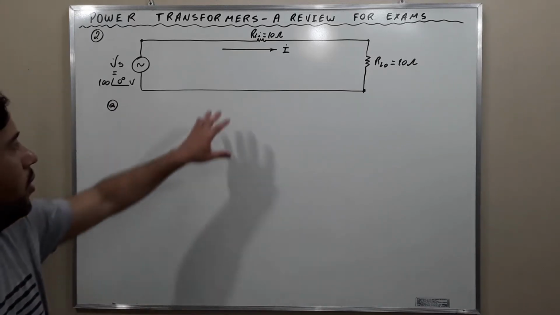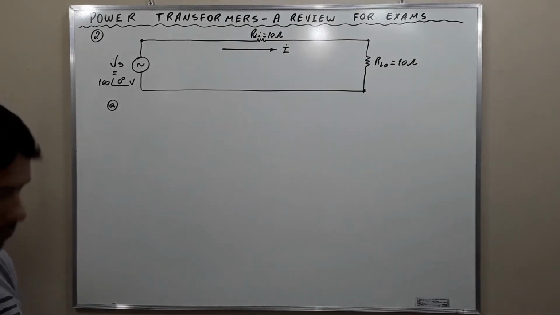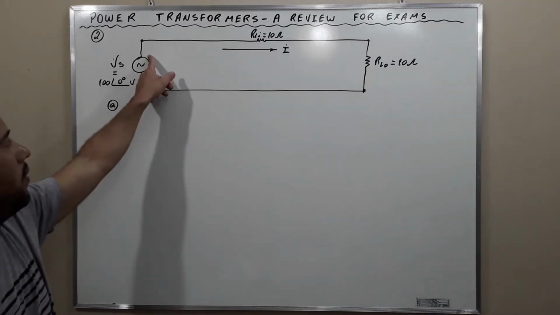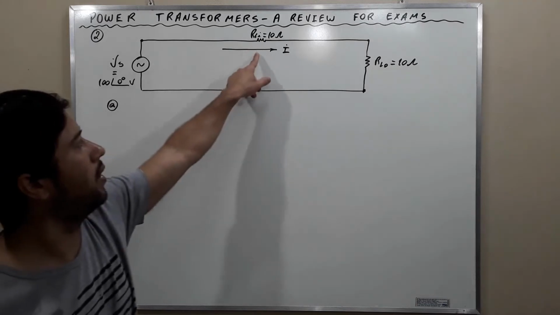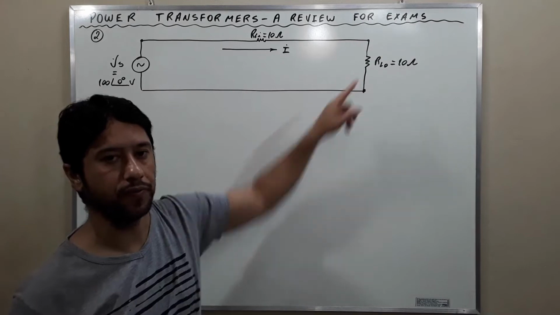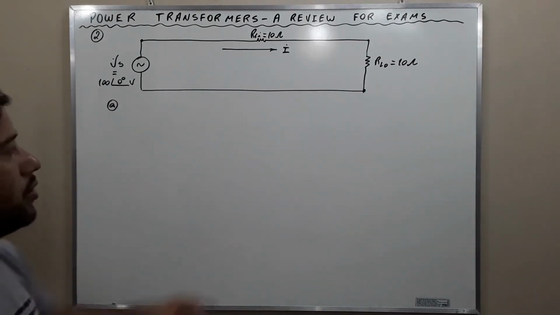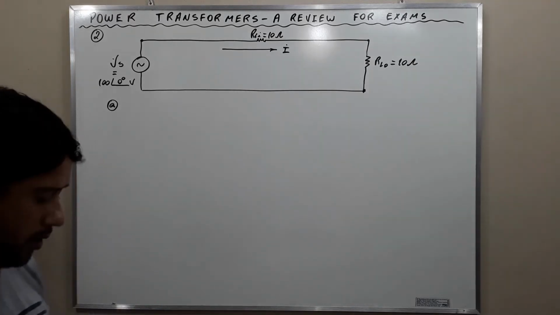Without transformers, we have this simple electrical circuit. When there are no transformers, the generated current, the line current, and the load current are the same. The current of the generator, the current along the line, and the current delivered to the load are the same. Okay? We're going to call this current I simply.